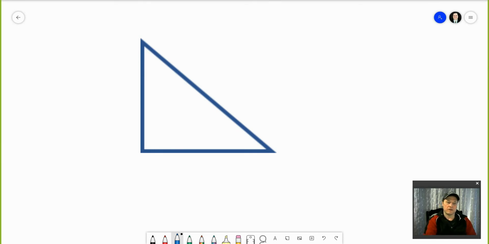Okay, so what we can determine from all of this information is that an angle and its sides have a very specific relationship. This is the basis of trig right here.